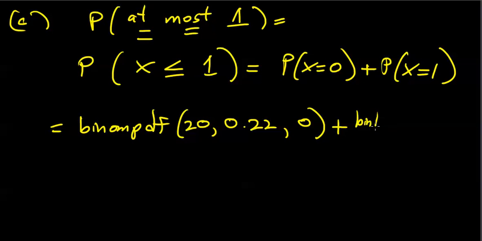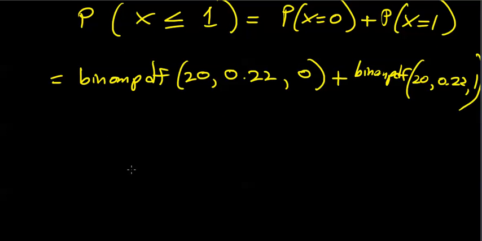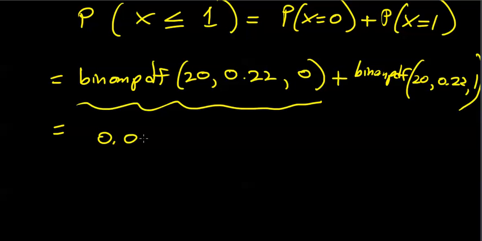Then binomial PDF again, we want to worry about the 1 case here, the probability of 1 success. Well, I know what you're thinking. The binomial PDF of the 0 case, that was the answer to part A. So look for little shortcuts like this. No sense in punching it in again.